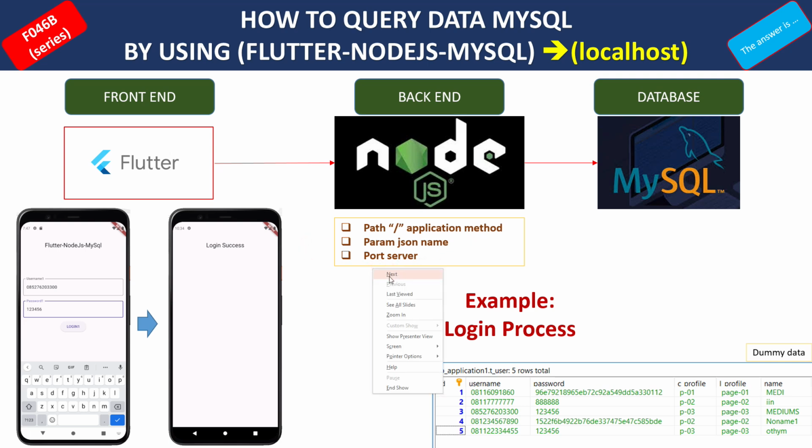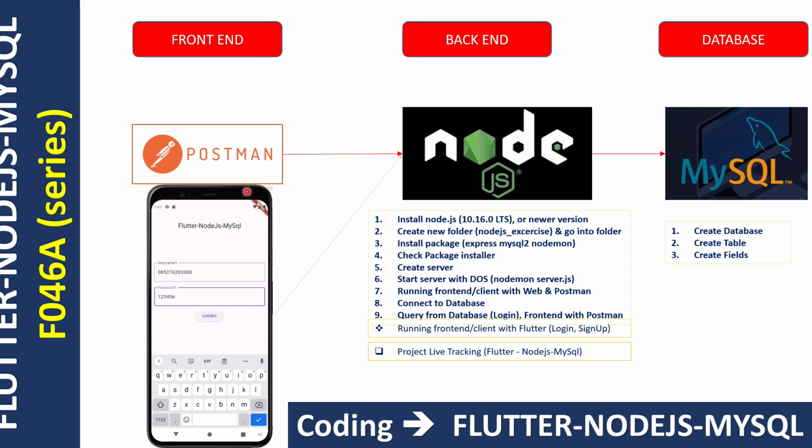Okay, next, this is Postman. Points number 1 until number 9 we have explained in the previous project. But in this case, I just show you by using Postman, and after that, we make Flutter become a front end, and then we make this Flutter integrate with the backend Node.js.